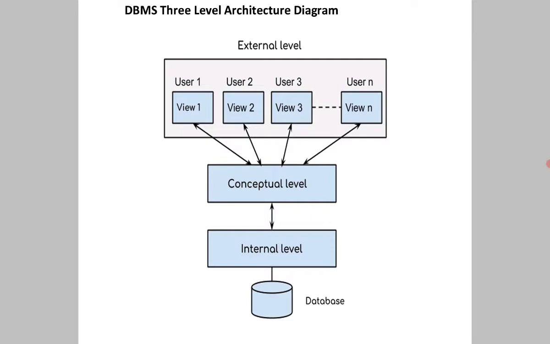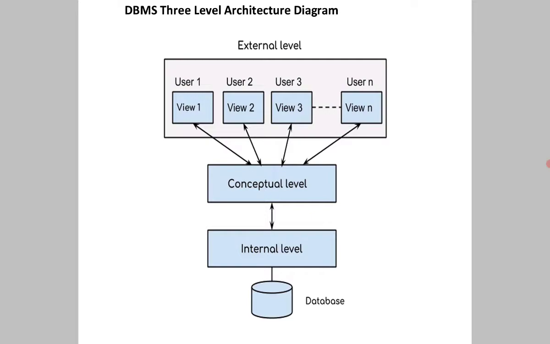This is another architecture diagram or block diagram of the working of a DBMS engine. In this view, there are 3 layers or levels or views. First one is called external view or external level. The second one is called conceptual view or conceptual level. Third one is called internal level.